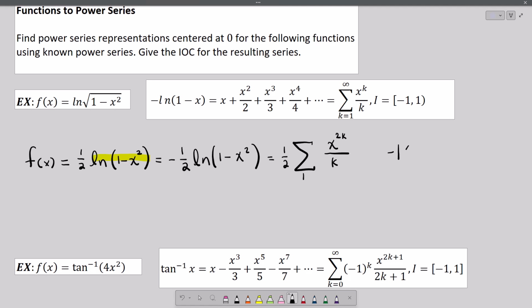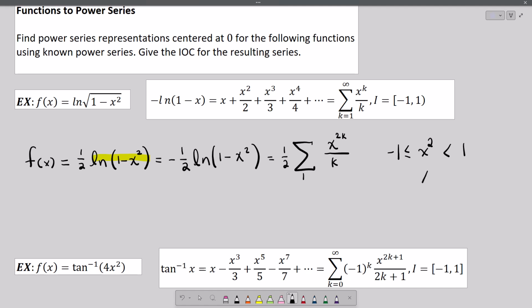So our IOC was this when it was just x. What are we going to put in the middle there? X squared. This multiplication of a constant does not change IOC. If you multiply by a constant or a power of x, that's not going to change the interval of convergence. But when you do a replacement, it does. And so we have to put the x squared in here.